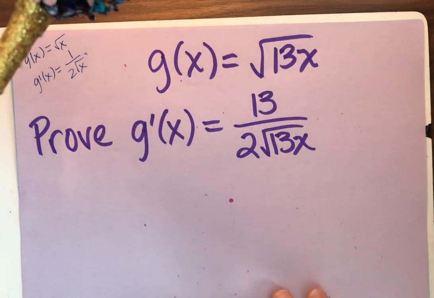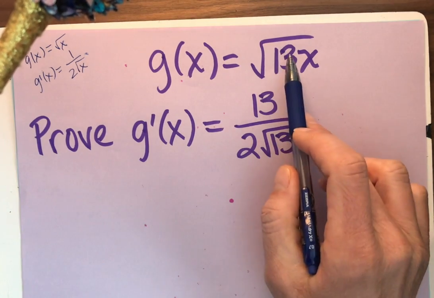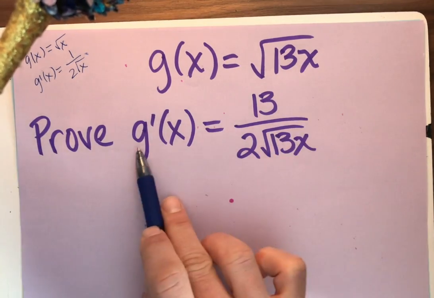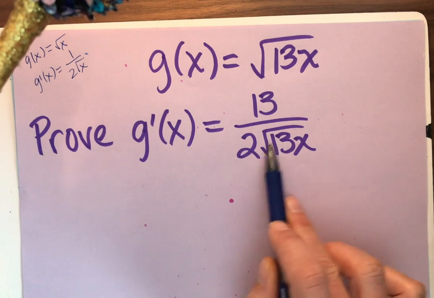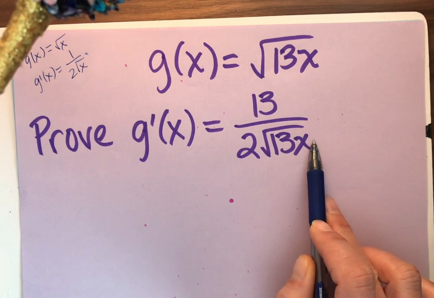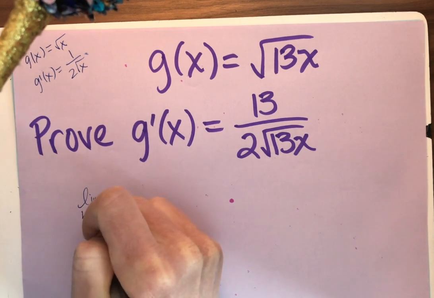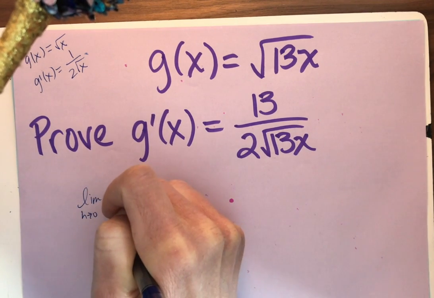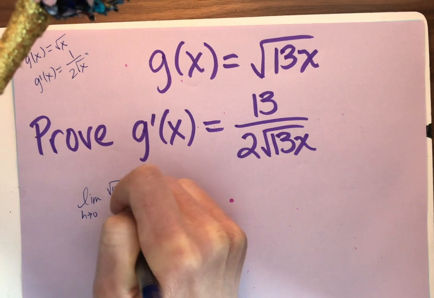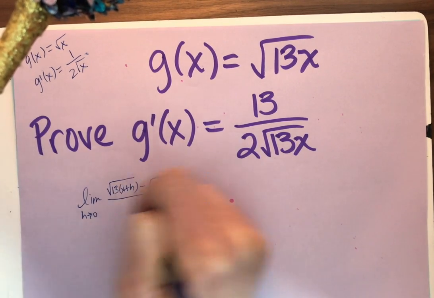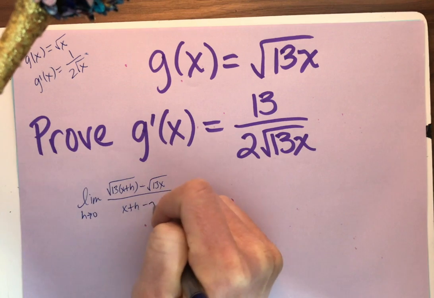So I'm going to prove how g of x, when defined as the square root of 13x, has the derivative 13 over 2 root 13x. And anytime you're asked to prove something, we have to go back to our limit. We will have the square root of 13 times x plus h, minus the square root of 13x, all over x plus h minus x.